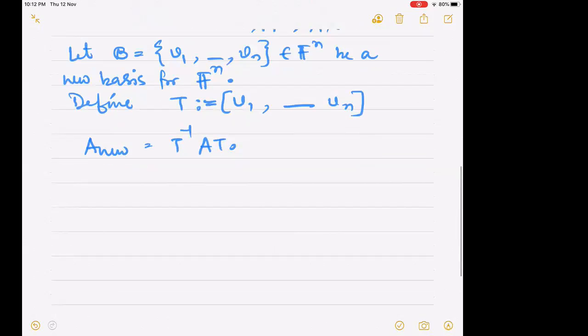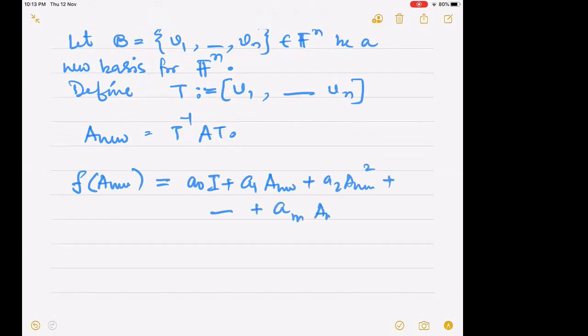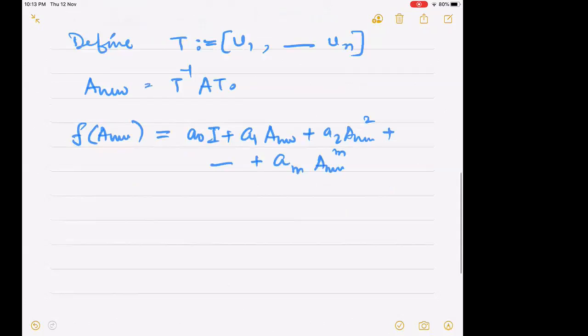Now in this scenario, suppose I look at a polynomial f(A_nu). How is it going to look? It's going to look like a0 times identity plus a1 times A_nu plus a2 times A_nu squared plus dot dot dot up to a_m A_nu to the power m, right? Here I'm going to do this trick.